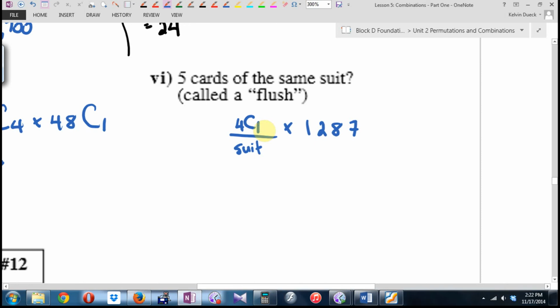From 4 suits, choose a suit. And then you got 1,287 ways of getting the same suit. What is 4 times 1,287? 5,148. That's how many ways there are of getting a flush.